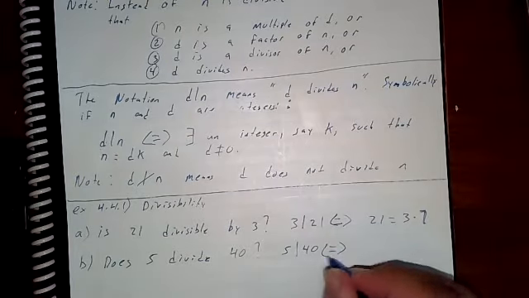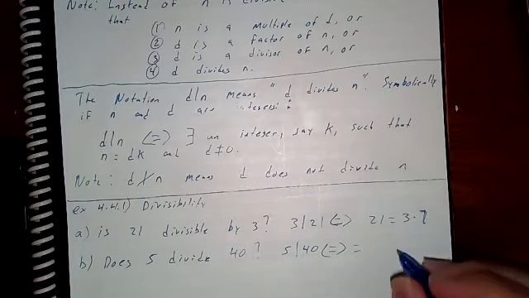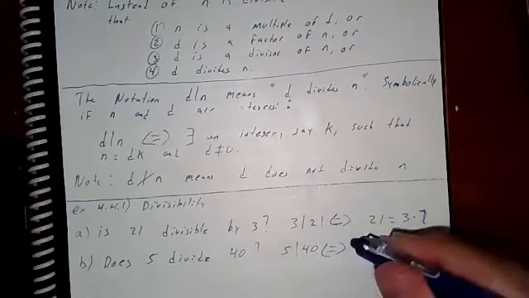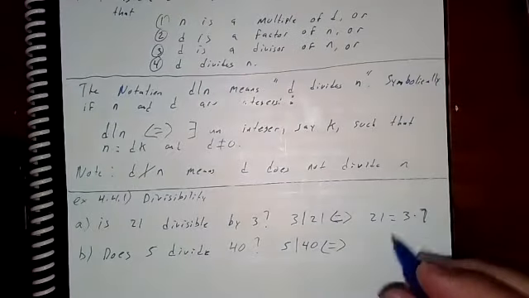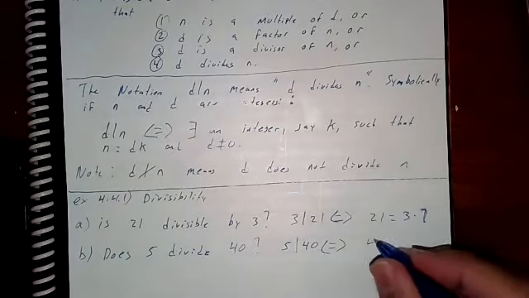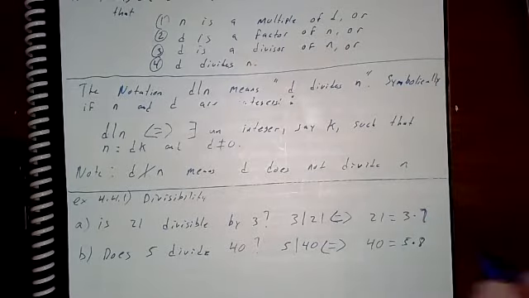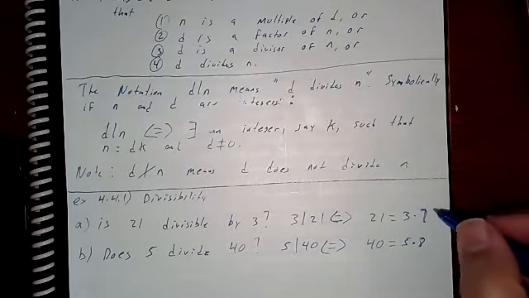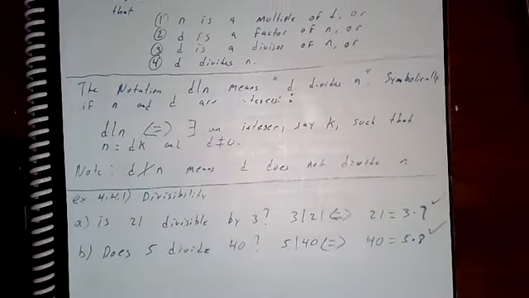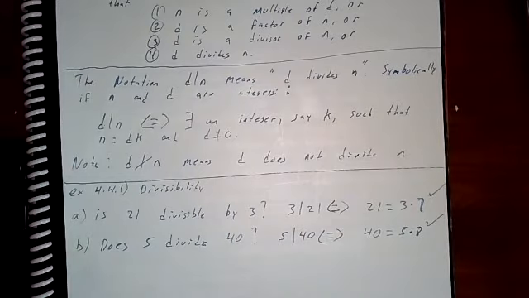Well, can I write it as something times 5? That would simply be 40 equals 5 times 8. So yes. I'm going to put a check mark for yes, it works, because I'm out of space. So this first example and first few problems in your homework are just going to be testing you. Can you see the difference in the wording? 21 divisible by 3 means 3 divides 21. Does 5 divide 40? It's the same thing.